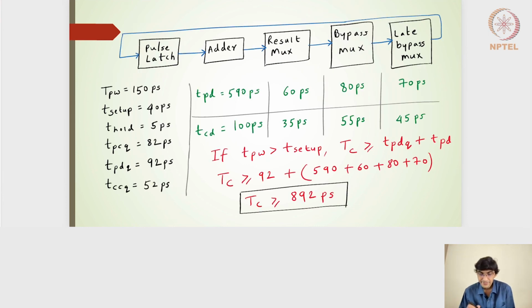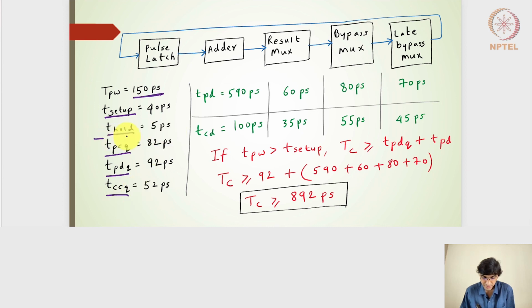Moving ahead, let's take an example, a chip-level example. We have the pulse latch, given to four combinatorial circuits of adders, muxes, and then fed back into the pulse latch. The pulse width is 150 picoseconds. That has been characterized. The pulse latch is characterized with setup time, hold time, TPCQ, TPDQ, and TCCQ.